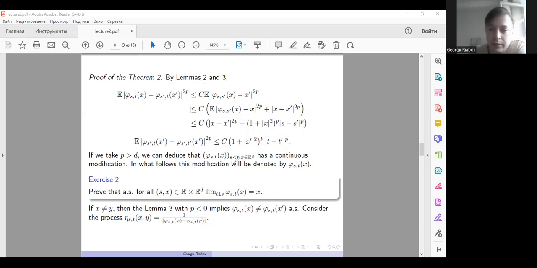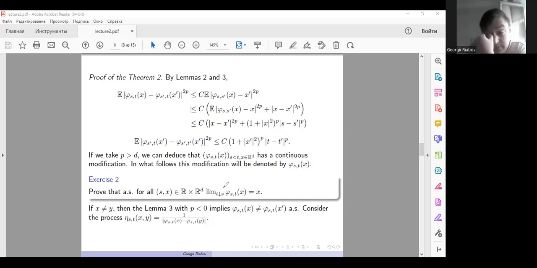Now, this modification is defined for s less than t, but I propose it as an exercise to show that this modification at every point s, x has a limit when t goes to s, and this limit is equal to x.